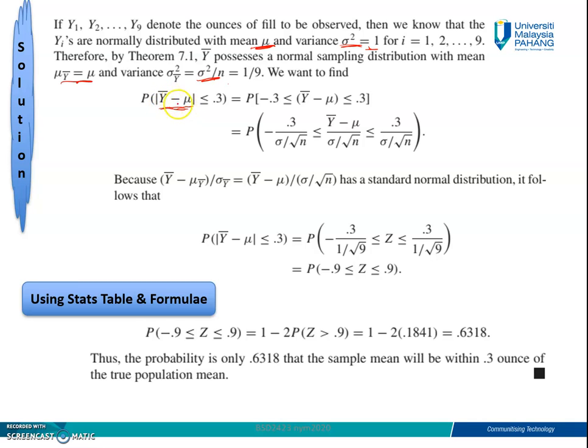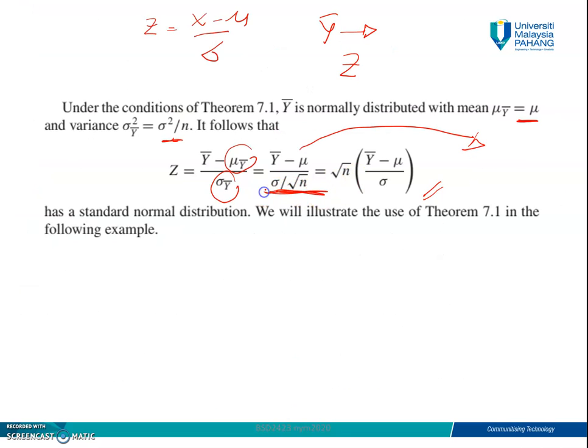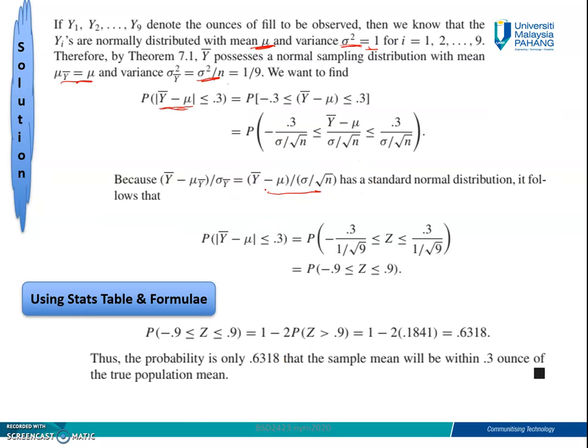So you can see y bar minus mu, and the standard deviation here is sigma over square root n. Because y bar minus mu y bar over sigma y bar, from this theorem, has a standard normal distribution.